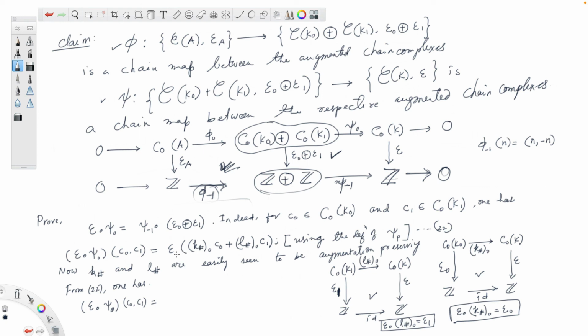The first one is epsilon composed with K hash at 0. This is epsilon 0 C0, plus, and then epsilon composed with L hash at 0. This is epsilon 1 C1.